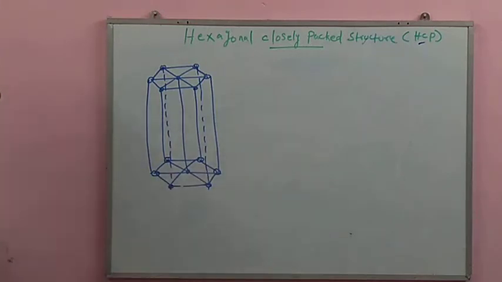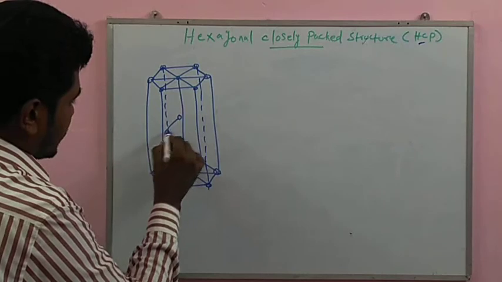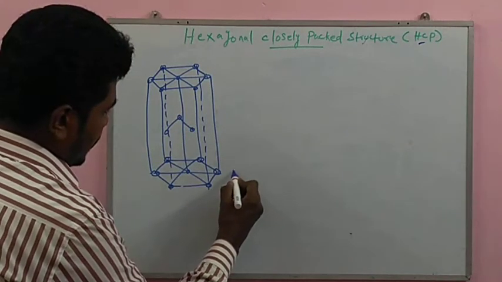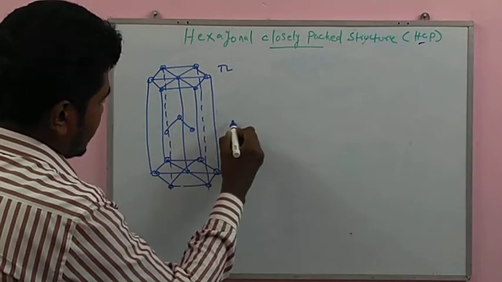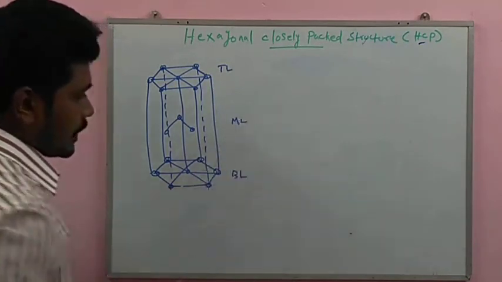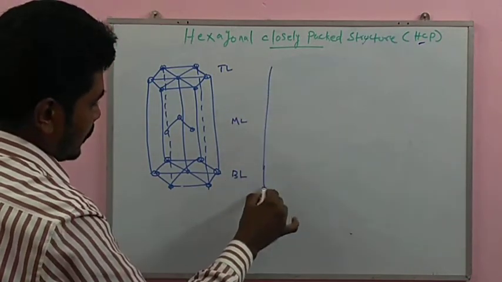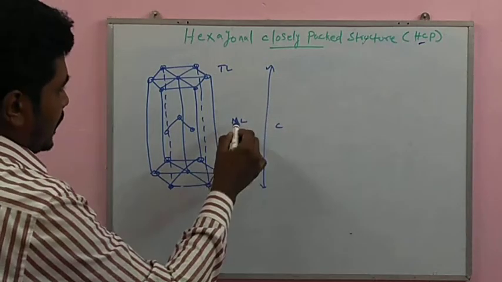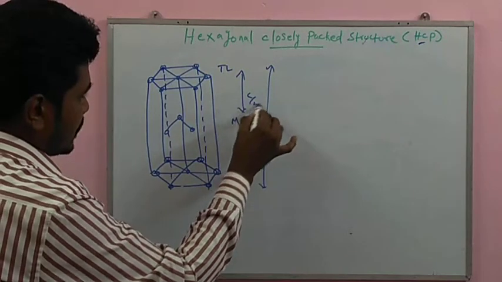Outer lines like this. Then 3 atoms in the center of the body. Like this, the bottom layer, the top layer, and the center is the middle layer. The total height of the hexagon is c. The middle layer to top layer height is c by 2.